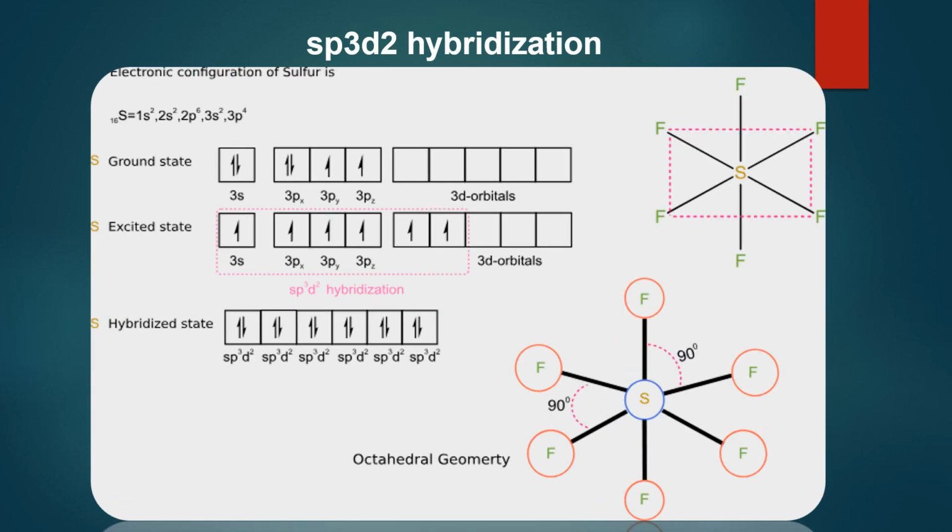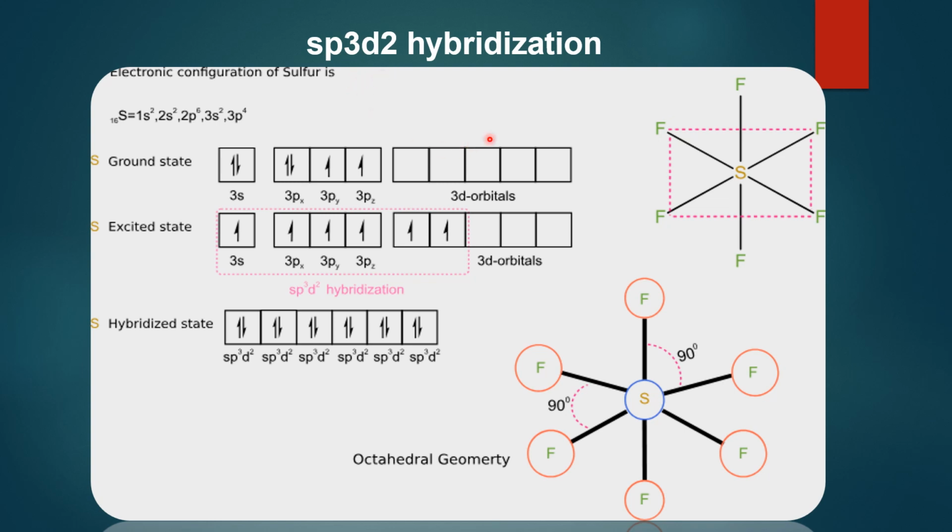The last type is sp3d2 hybridization. Here the intermixing of one s orbital, 3 p orbitals and 2 d orbitals of almost the same energy, giving 6 identical and degenerate hybrid orbitals, is called sp3d2 hybridization.